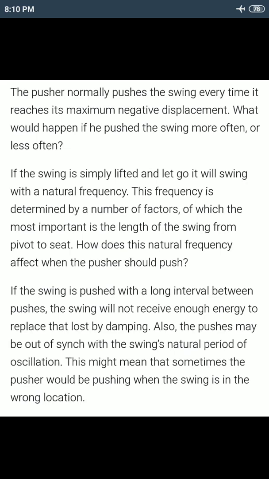Now another question: how does this natural frequency affect when the pusher should push?